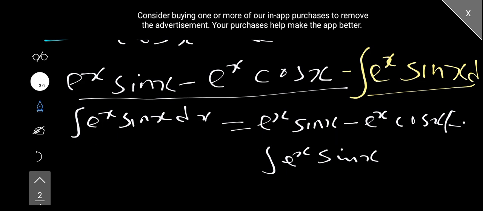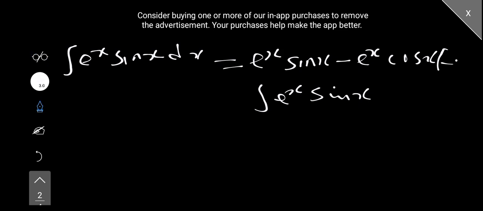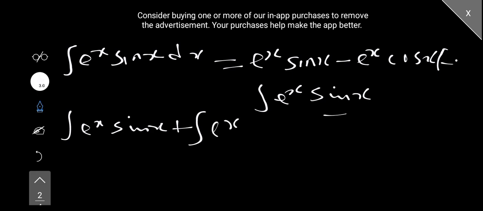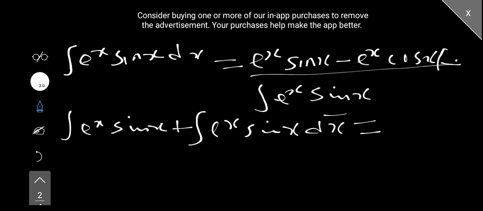When that happens, the negative integral becomes positive on the other side. So we have the integral of e power x sine x, we bring this one with a sign, it becomes positive this side. The integral of e power x sine x dx is equal to this now.